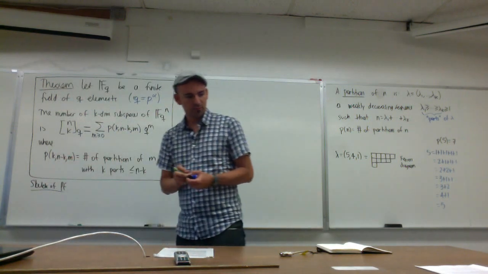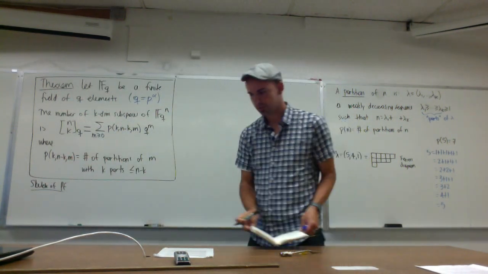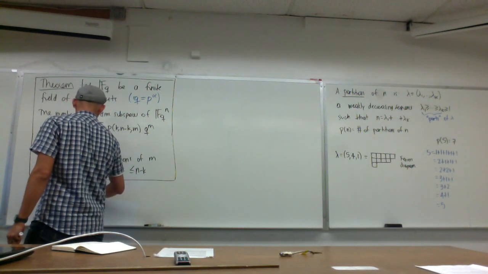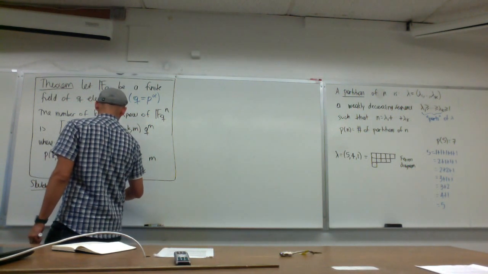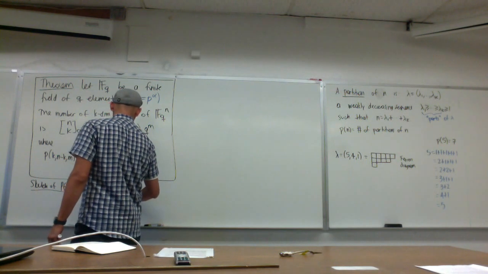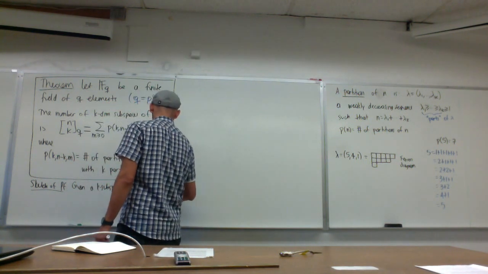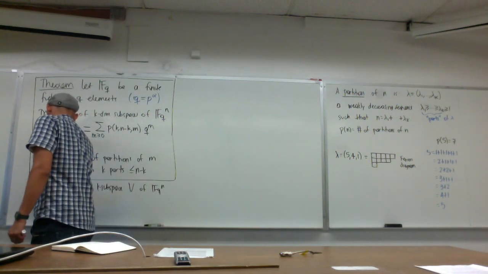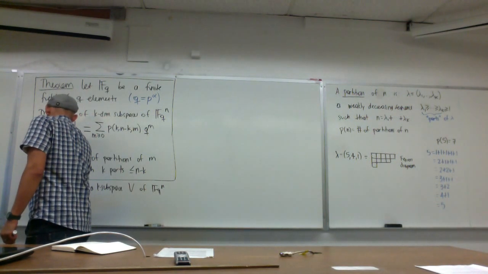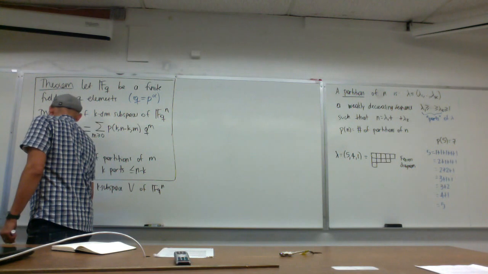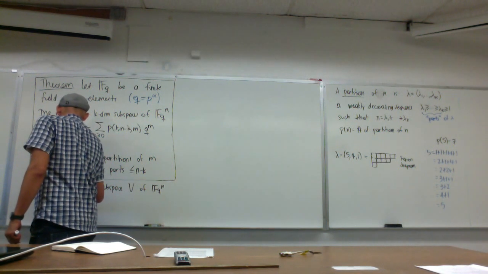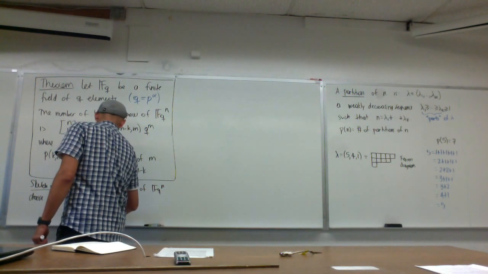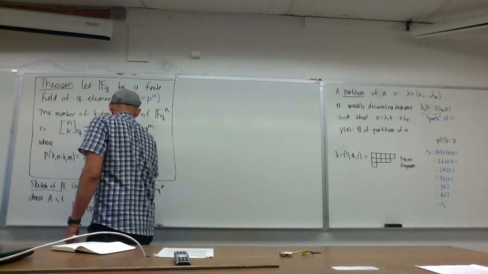So let's consider, given a k-subspace V of F_q^n, we can always write, so choose some matrix A such that V is the row span of the matrix.